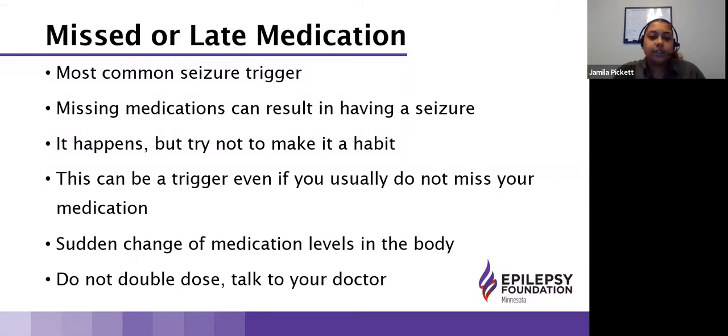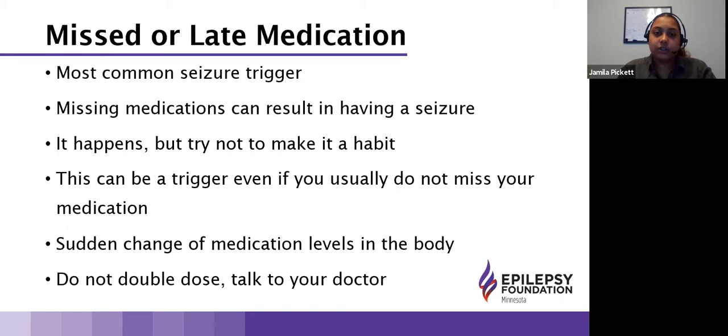The first seizure trigger we're going to go over in depth is missed or late medication. So this is actually the most common seizure trigger, and this is a pretty tangible one. So with these tangible seizure triggers, there are some benefits of knowing that, hey, if I don't take my medicine, or if I take it way after the time that I'm supposed to take it, then I might have a seizure.